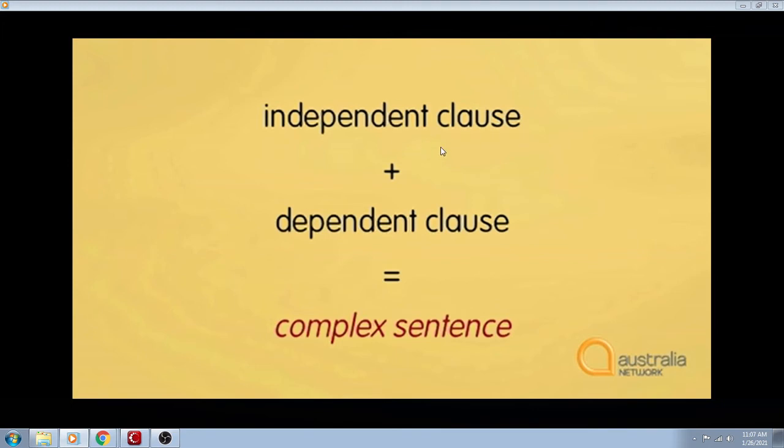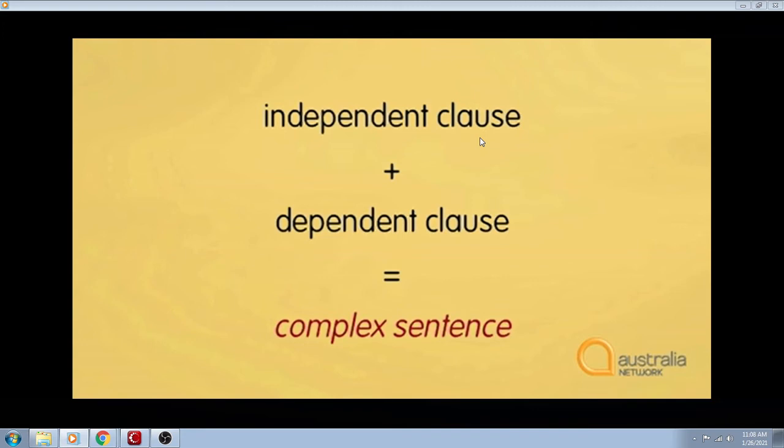But we join because we don't use simple sentences all the time, because using all simple sentences in a paragraph or an essay will sound choppy and uninteresting. And so we vary our structure. We use compound sentences, simple sentences, complex sentences to create variety and interest.